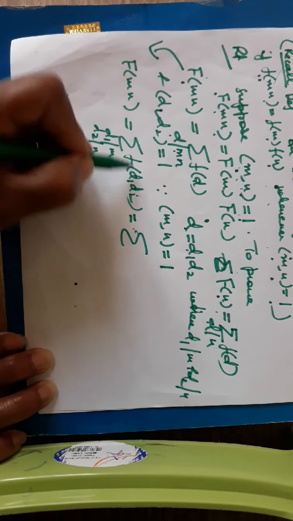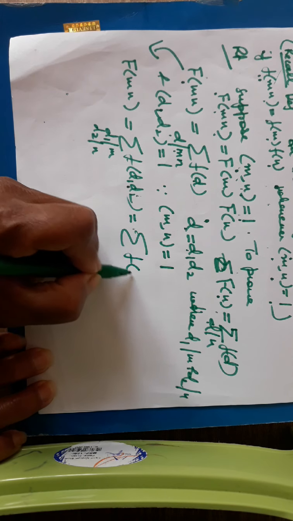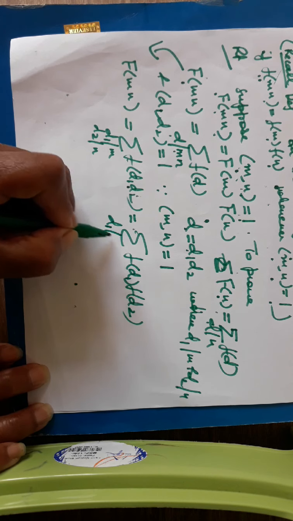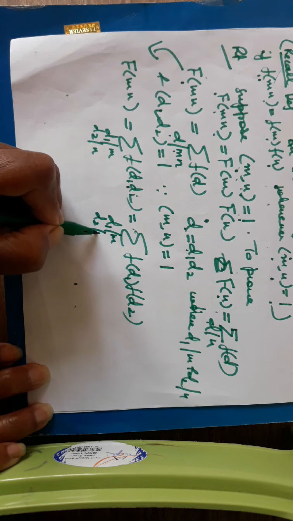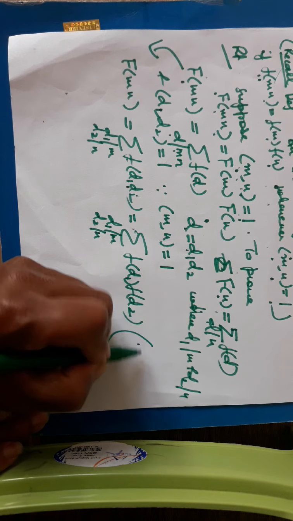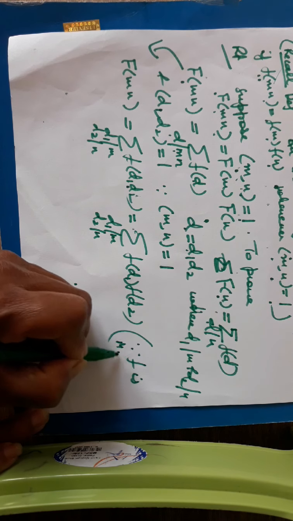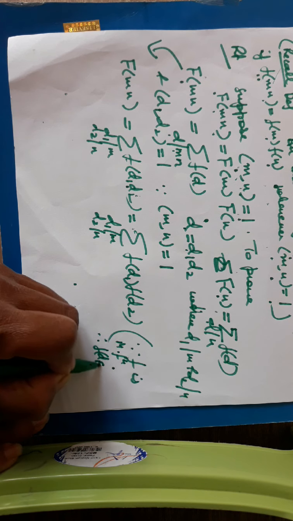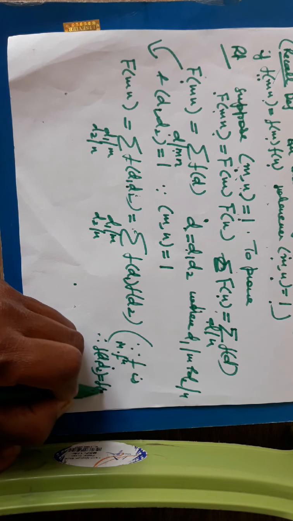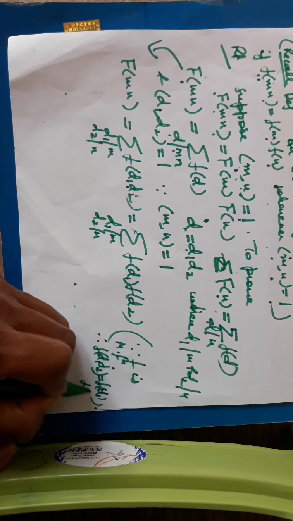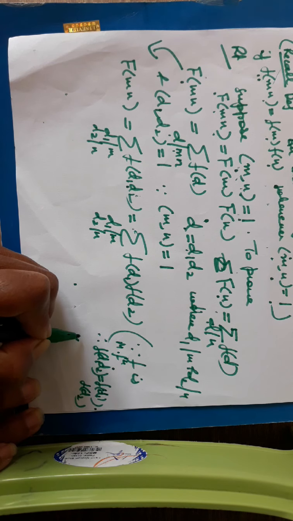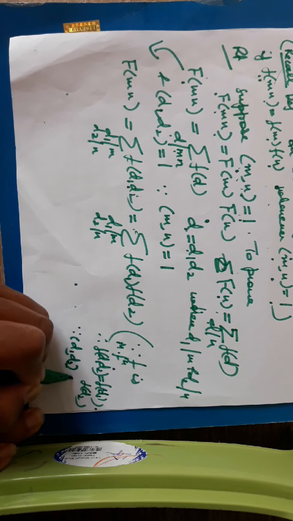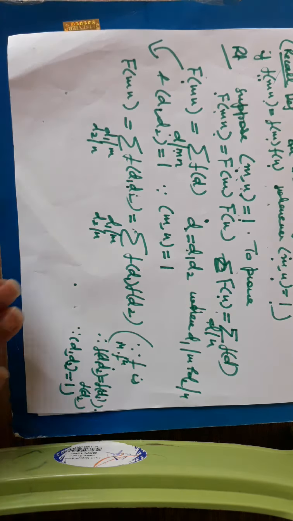So instead of f(d1 d2), you can write f(d1) times f(d2), where d1 runs over the divisors of m and d2 runs over the divisors of n. The reason is, since f is a multiplicative function, f(d1 d2) is the same as f(d1) times f(d2), since GCD of d1 and d2 is equal to 1.